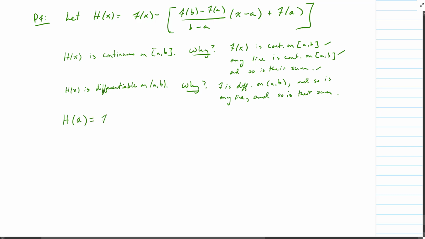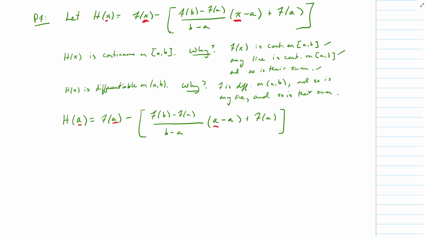H of a is f of a minus bracket f of b minus f of a all over b minus a, and then I have a minus a plus f of a. I know that's a lot of a's floating around. But all I did was replace the x's in h of x with the value a.